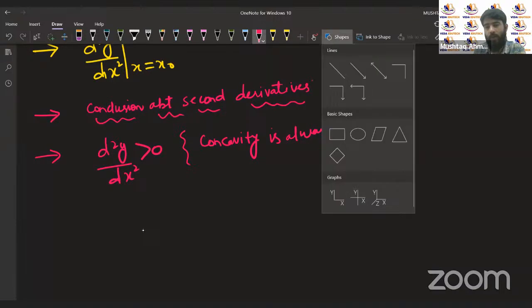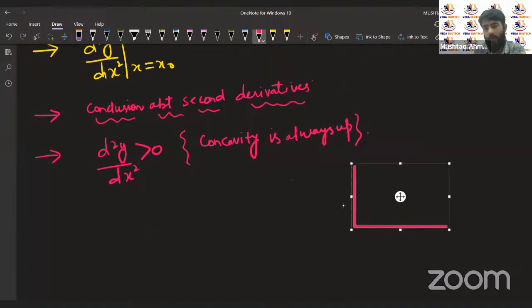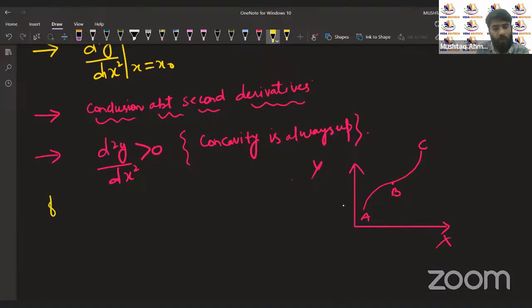Suppose I have this curve like this. Let me select this as point A, this is point B, and this is point C. From A to B, we can clearly say this curve shows some concavity.